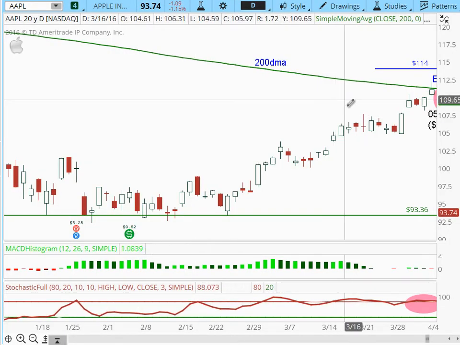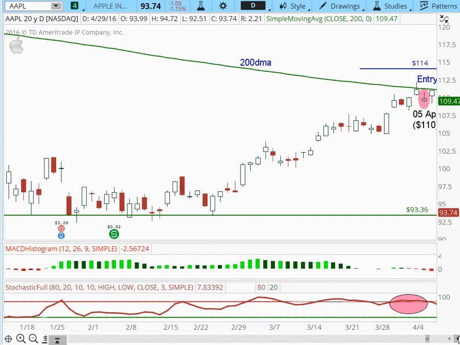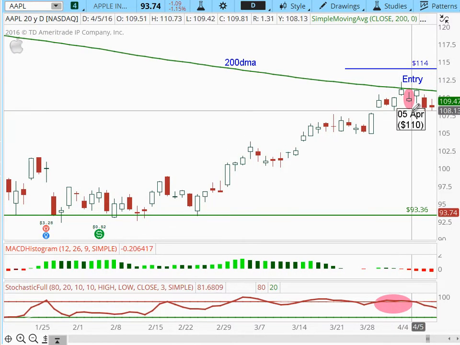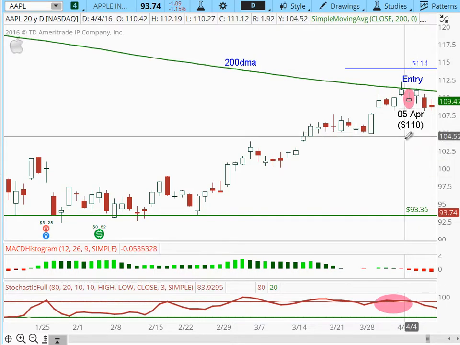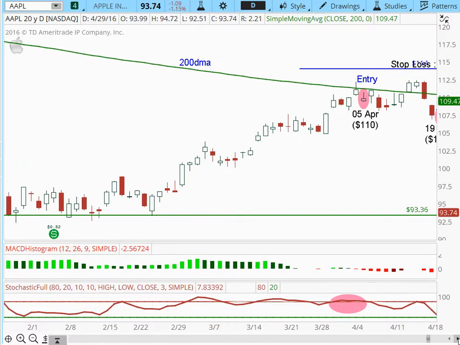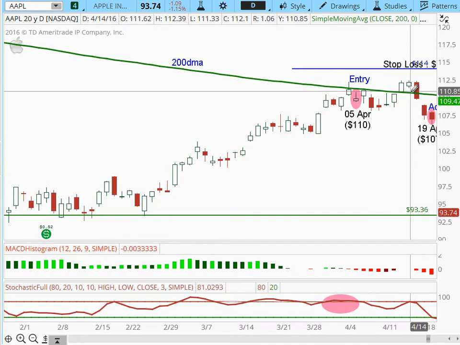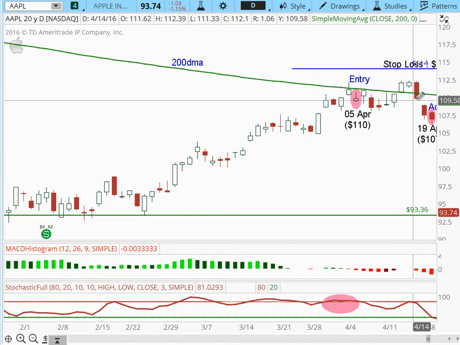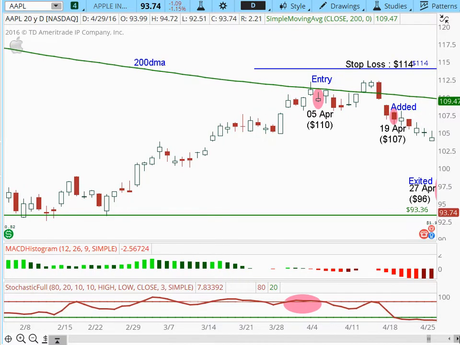As you can see from the chart itself, on the 5th of April, I made my entry right over here, at about $110. The stock started to move up a little bit, hit the 200-day moving average, and started to come down, as you can see over here.